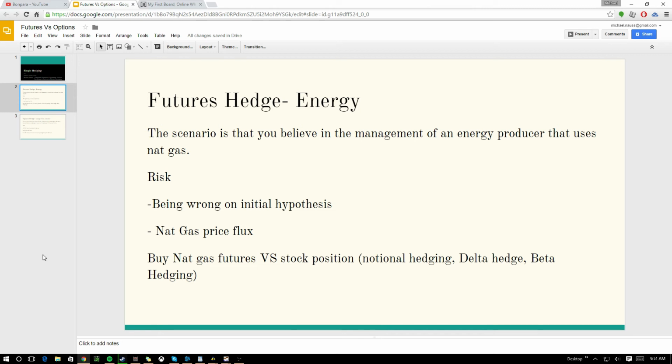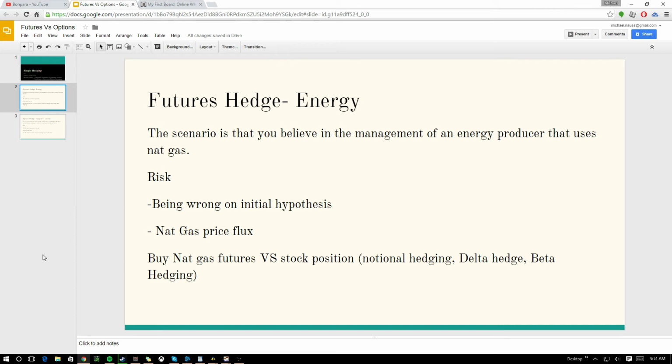You don't know anything about the future prices of natural gas or the future prices of energy, and that's not your hypothesis and that's not your focus. Your focus is simply on this management being a good management of a company, and you believe they will outperform what their margins say and what their books are currently at. So your risk is being wrong, and then the other risk, and this is the one we're going to focus on hedging, is natural gas price flux.